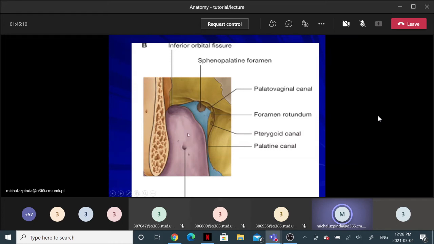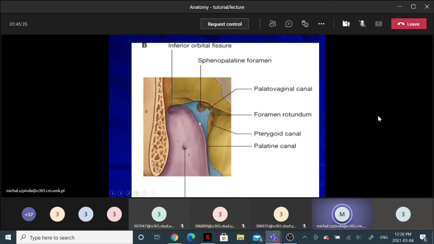It's mostly composed of the superomedial part of maxillary body, with a small contribution from the orbital process of palatine bone.